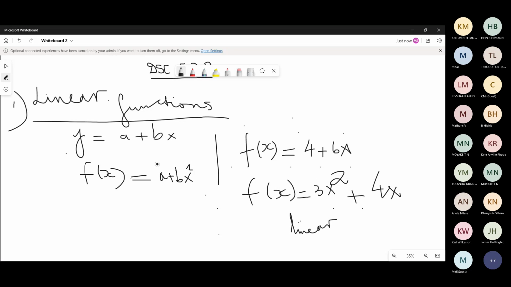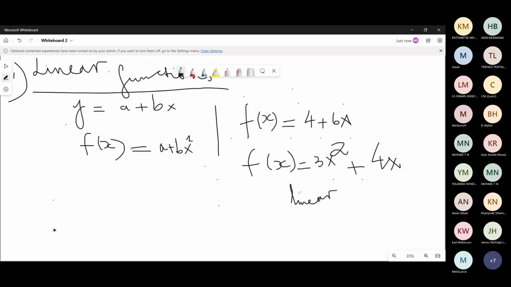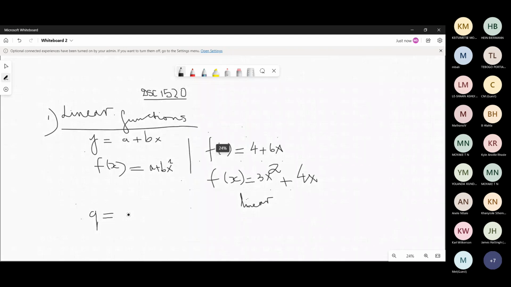Now, just to avoid giving you theoretical problems here, let's consider the first chapter, where we discussed the problem of demand and supply, right? We denoted by Q the number of items that the company is producing, and we assume that Q can be given as a function of the price.